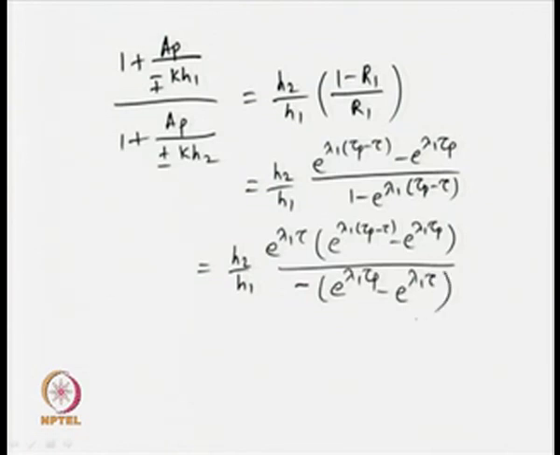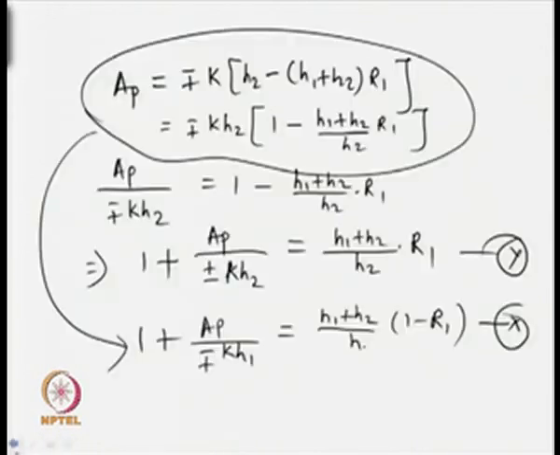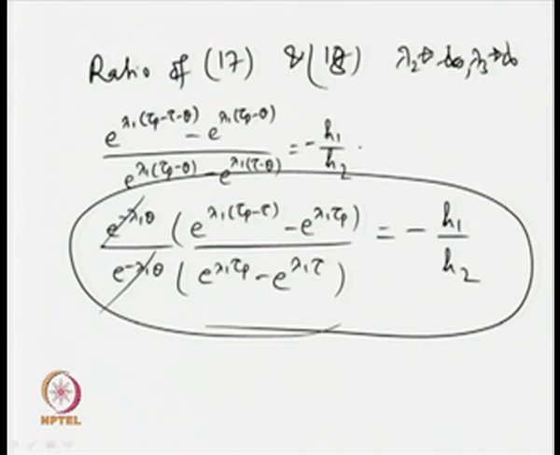Why I am doing so? Because you will see that this whole term has been found out as minus h 1 by h 2 earlier. Let me show you, e to the power lambda 1 tau p minus tau minus e to the power lambda 1 tau p, by minus of this, we have obtained minus h 1 by h 2.